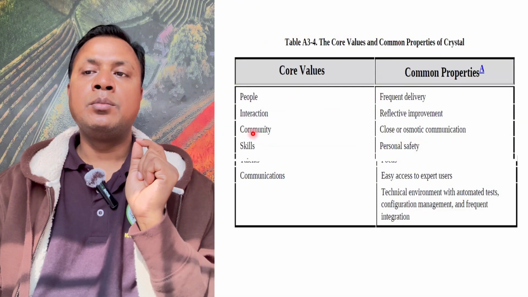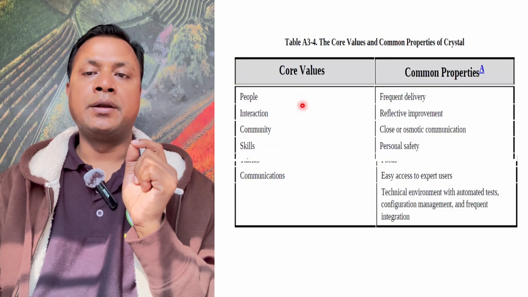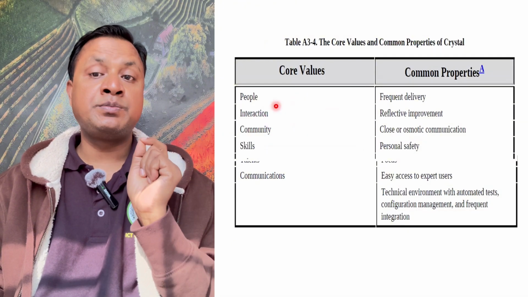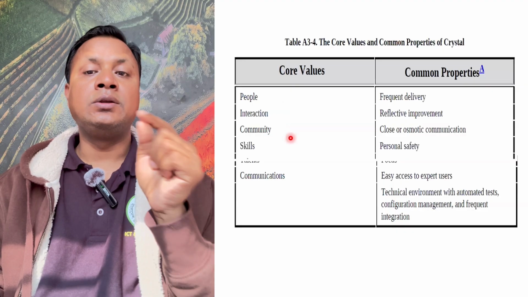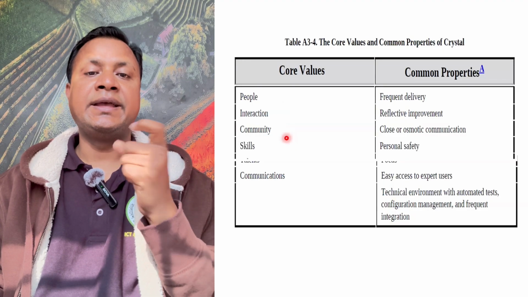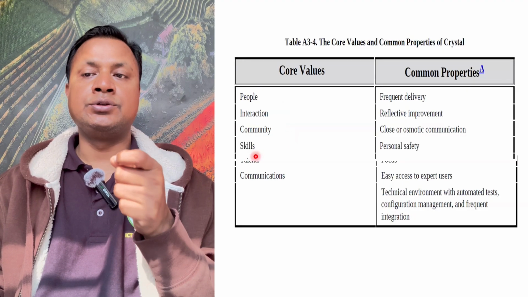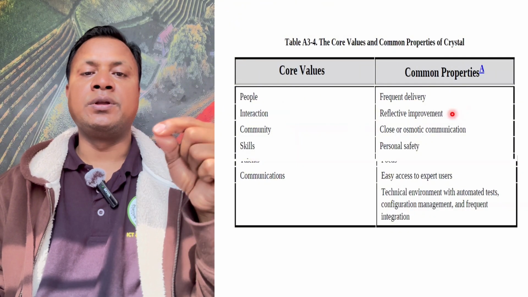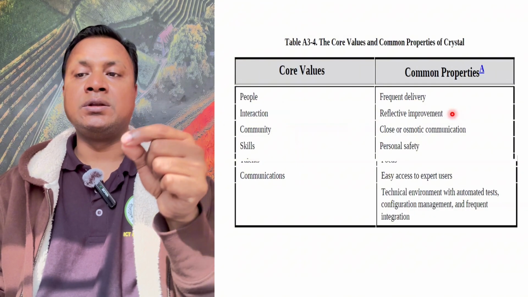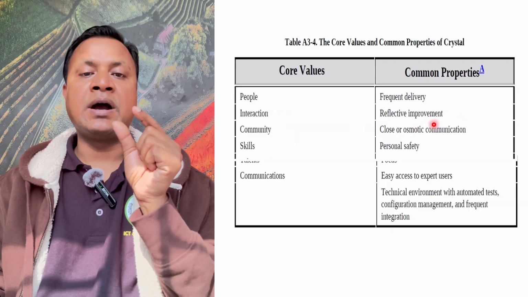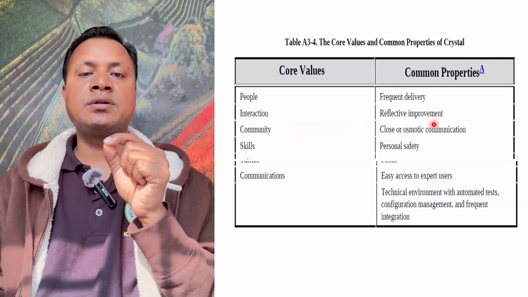The main value of Crystal is people. The main focus is people, interaction between them, the community, the skills and the communication pattern. The common properties are frequent delivery. You will be delivering frequently, and there will be reflective improvement after each sprint, each iteration.